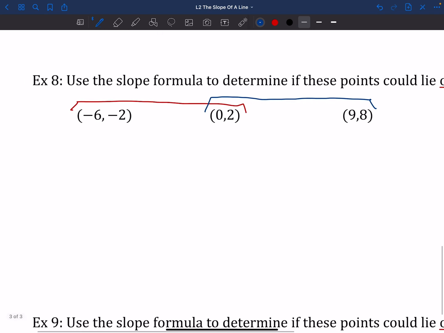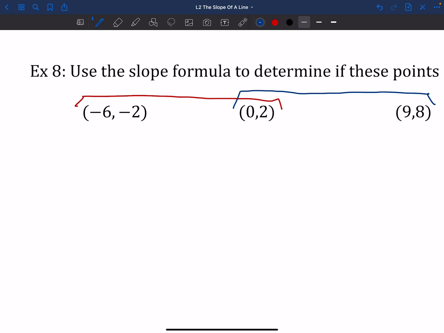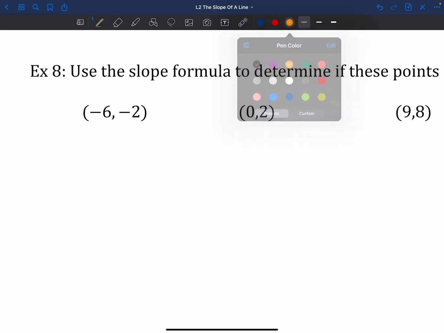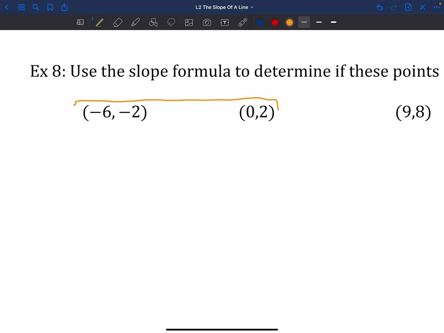All right, so let's work on this first section first. Let's use some different colors here so we can still use red and blue to help us organize. So problem number 1. We've got x1, y1. We can call this one x2, y2.